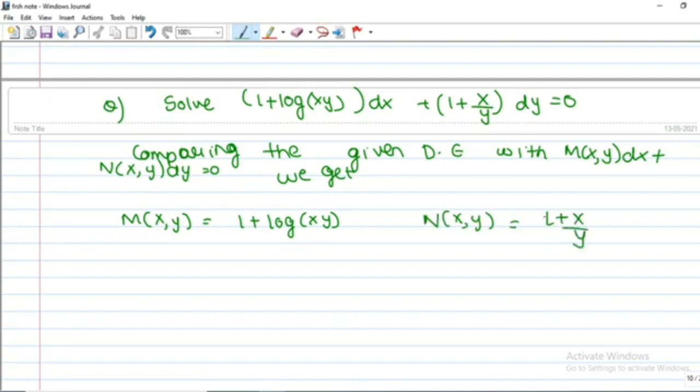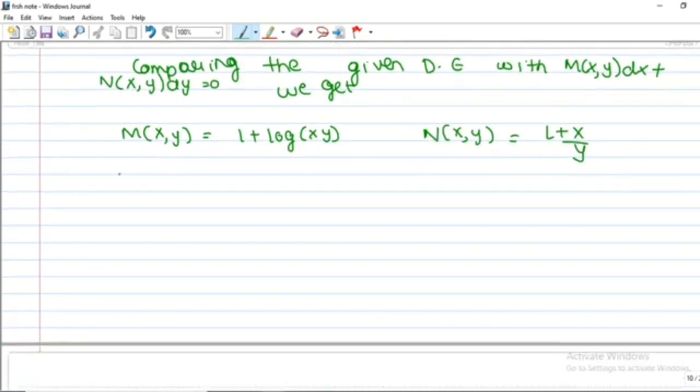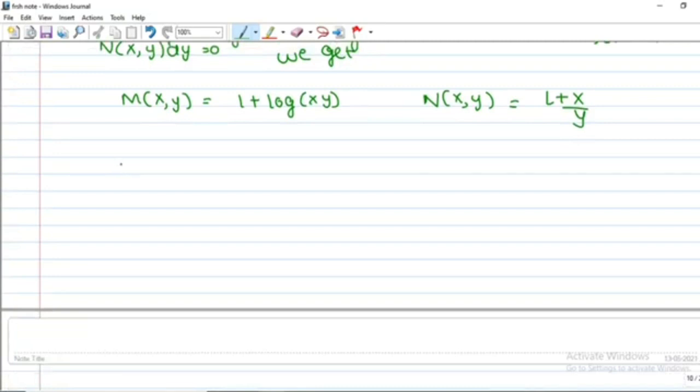You don't need to multiply it, that will be wrong, I have told you. So don't make that mistake. If you differentiate it with respect to y, you will get 1 by y. 1 upon x by y into y, so x will cancel out.